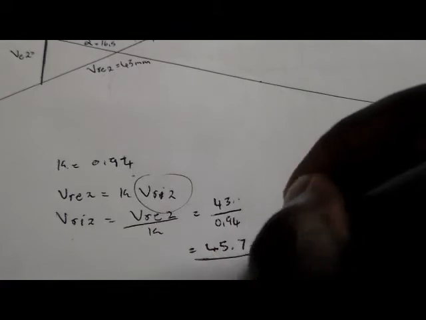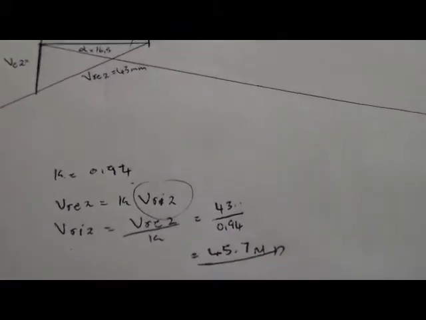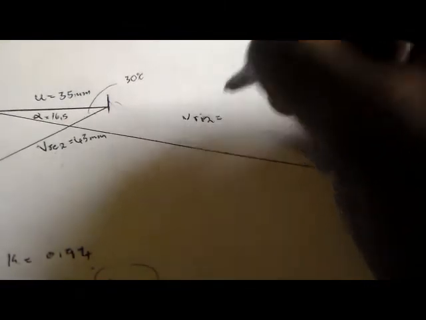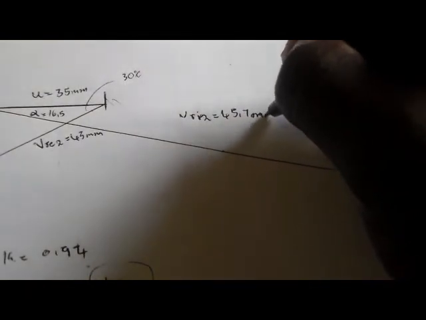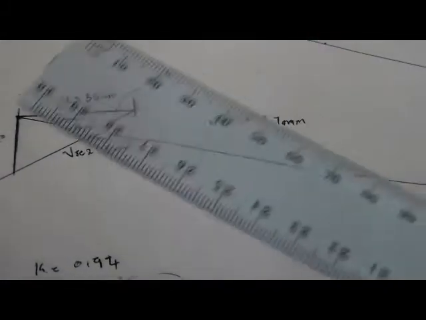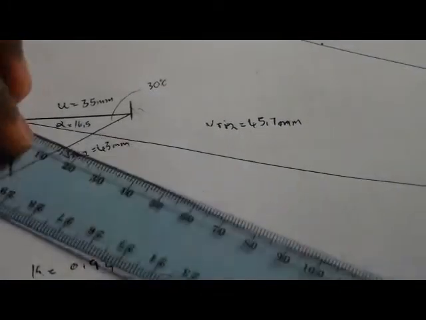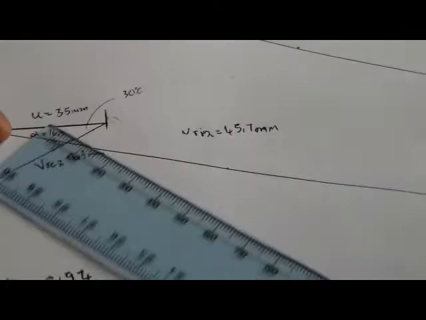So now that we have 45.7, which is VR, this is VI2, which equals 45.7 millimeters.